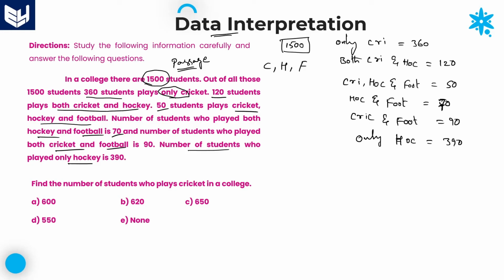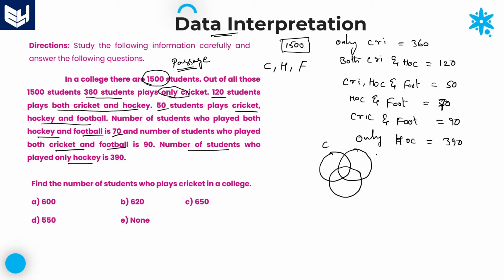So whenever a passage is given with these kinds of information, you need to draw the Venn diagram for these three. One circle is for cricket, one circle is for hockey, and one circle is for football.